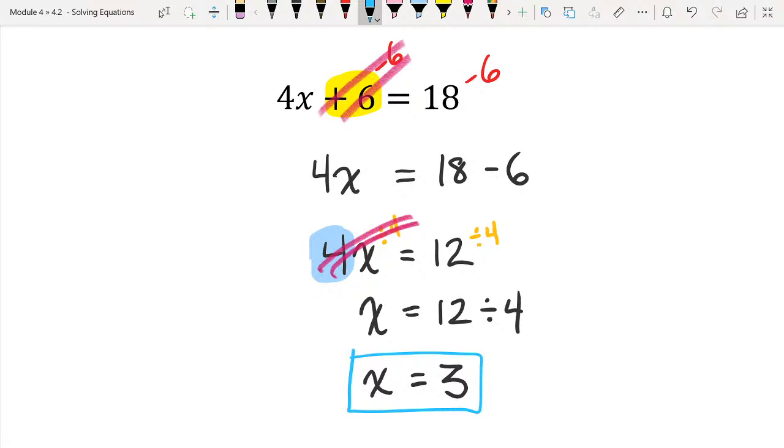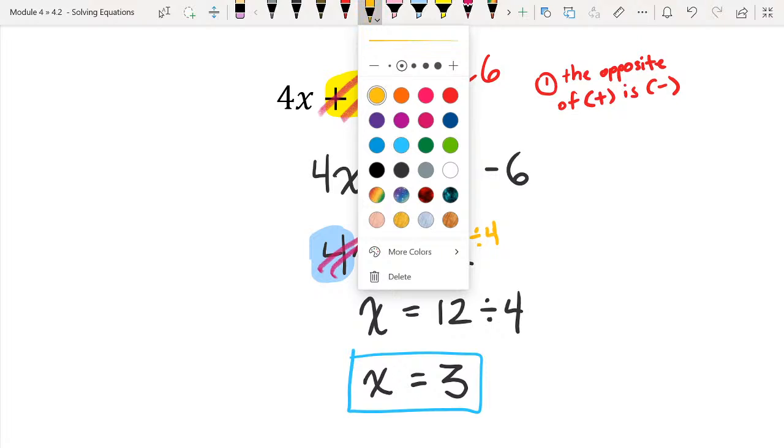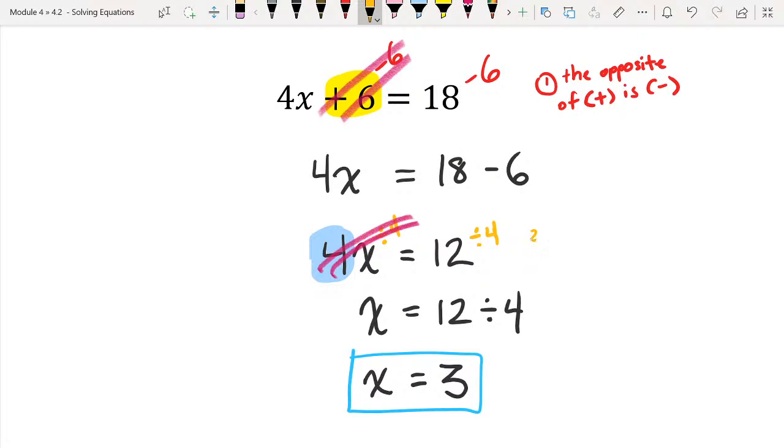No big deal. But those are the steps we follow. And again, the reason we can do that is the opposite of adding is subtracting. And secondly, the opposite of multiplying is dividing.